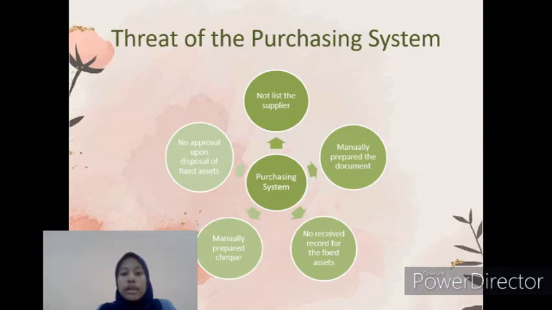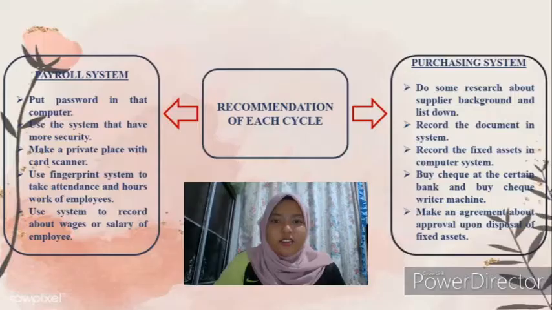The fourth one is no approval upon disposal of the fixed asset. This can cause a problem if the auditor comes to the company and asks about the disposal of the fixed asset, the management will not know.